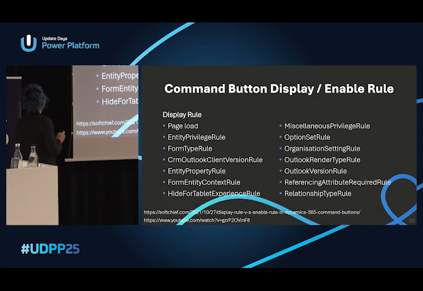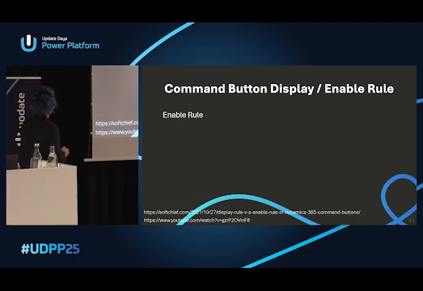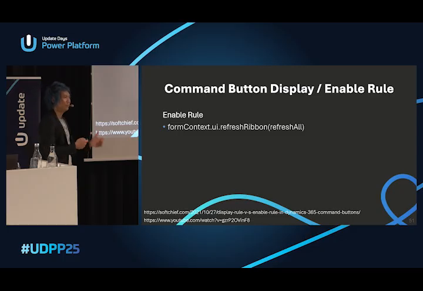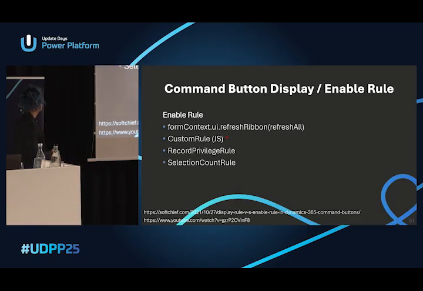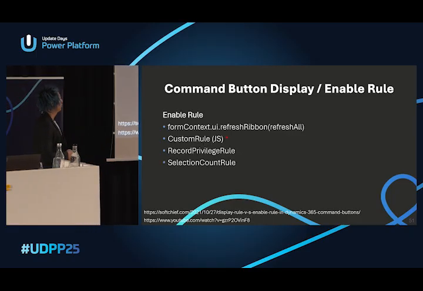Another difference from the display rule is that the enable rule re-renders every time you call the UI refresh ribbon. So if anything changes in your code, you can call this method to re-render the records with the enable rules. The most useful thing available is a custom rule in the enable rule.